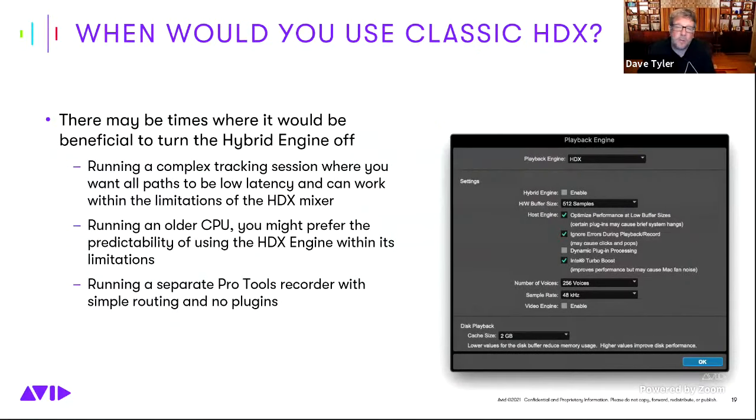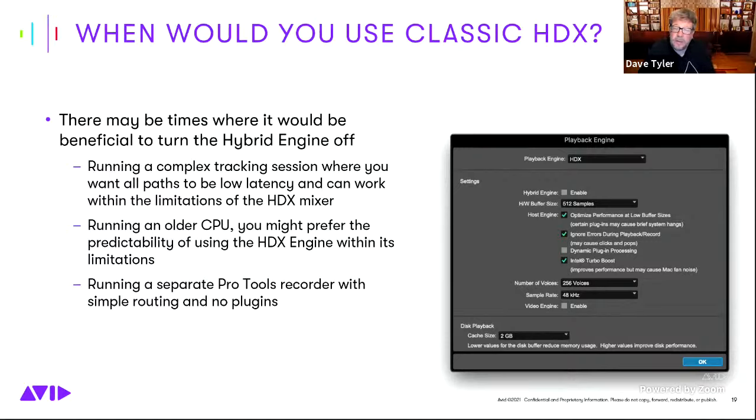One last point to discuss is that maybe there are times when you do want to use classic HDX, and this speaks to some things from the previous slide. This is not an exhaustive list, but say for example you're in a music studio, running a complex tracking session with a band. You're not going to run out of mixer power because you're not doing lots of routing, but maybe you're running loads of headphone mixers and you want to make sure everything is on the low latency path.